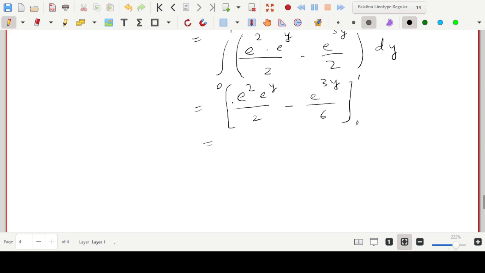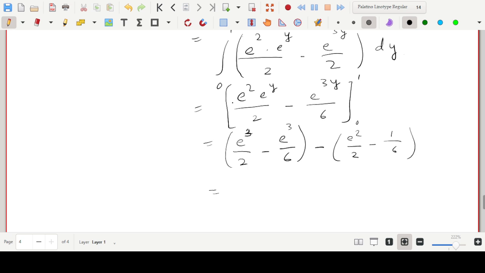Let us substitute y equal to 1 first. e squared multiplied by e to the power 1, which is e cubed, that gives us e cubed divided by 2, minus e to the power 3 multiplied by 1, so divided by 6, minus, now substitute 0, so this is e squared divided by 2, minus 1 over 6.